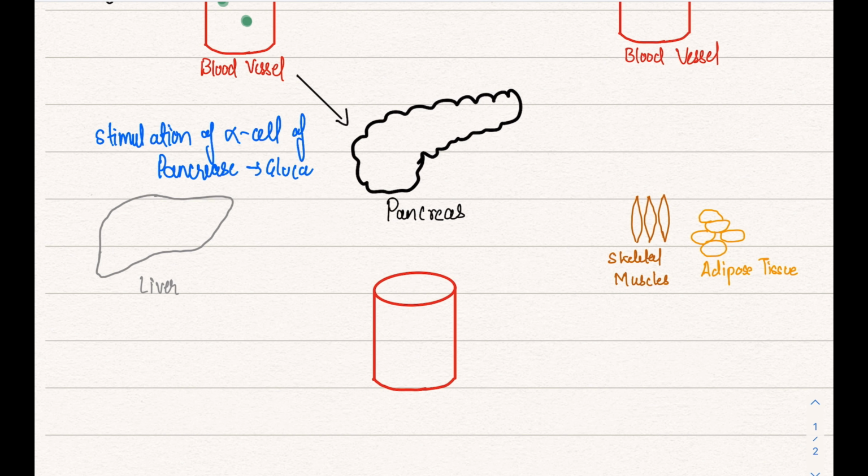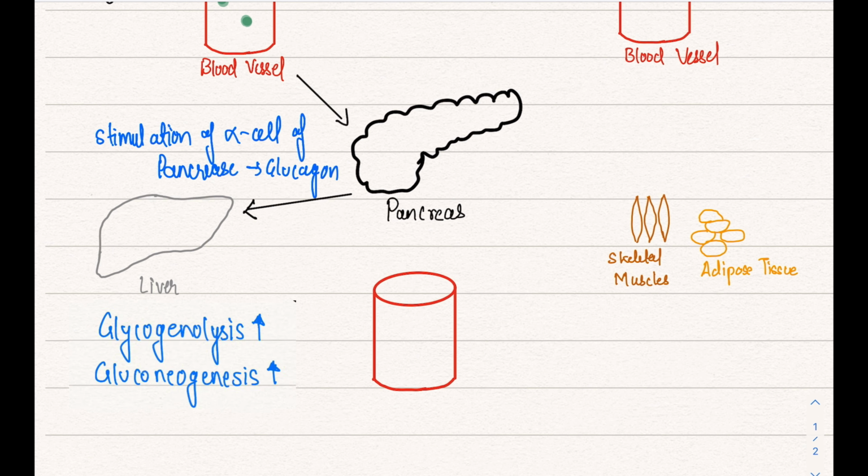Now, what this glucagon does is that it is going to act on the liver and try to increase the glucose level. How is it going to do that? It's going to break down the glycogen in the liver, so it will cause glycogenolysis. It will also synthesize glucose molecules from amino acids, so it will cause gluconeogenesis.